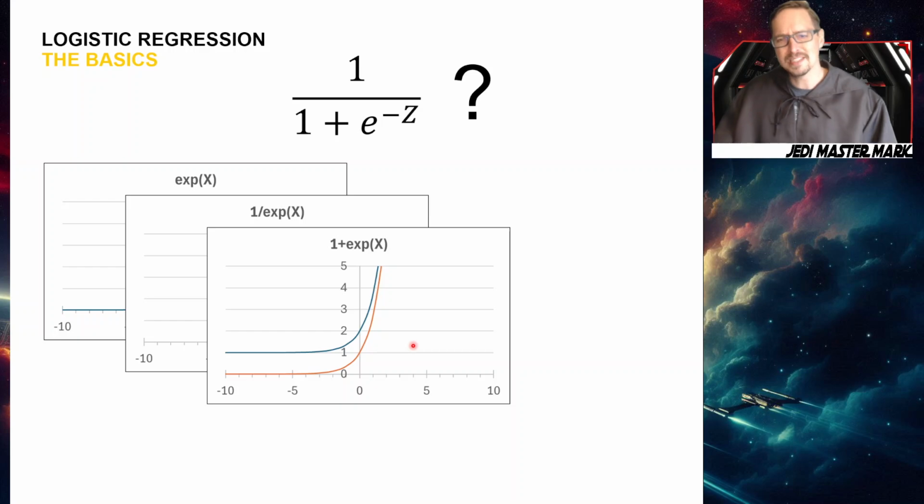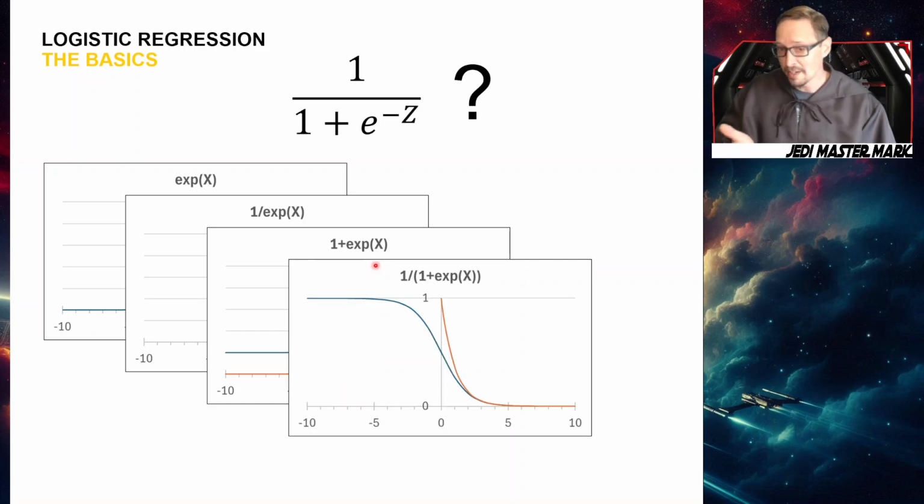So 1 plus the exponential of x, what's going on there? Well, now you see that you've shifted everything up. It's never going to go below 1, and it's always going to be above 1. So it's going to increase exponentially from 1 as you increase x.